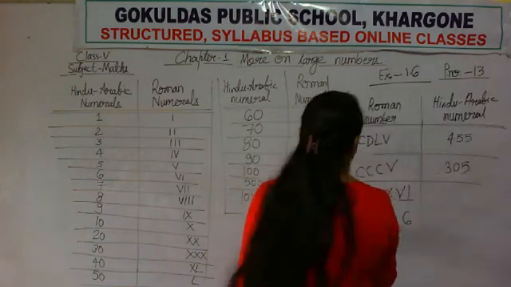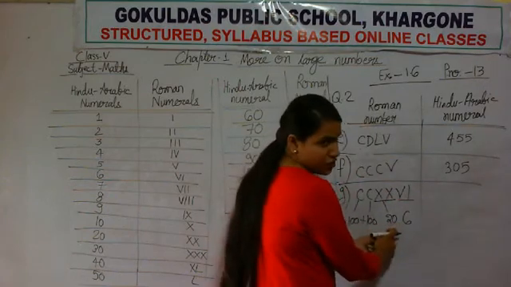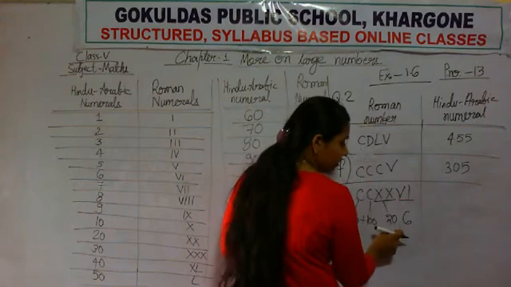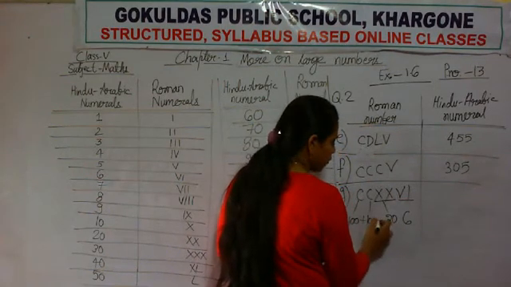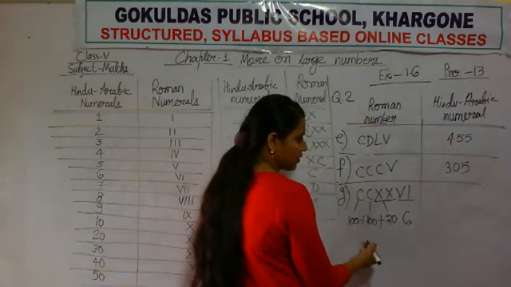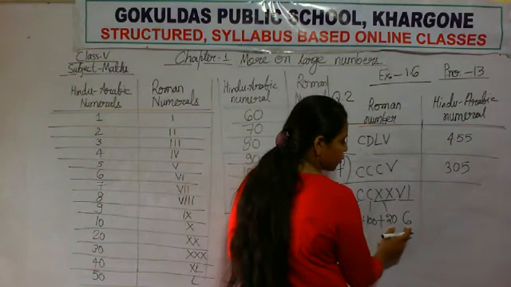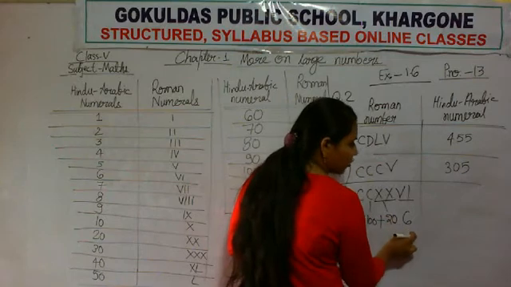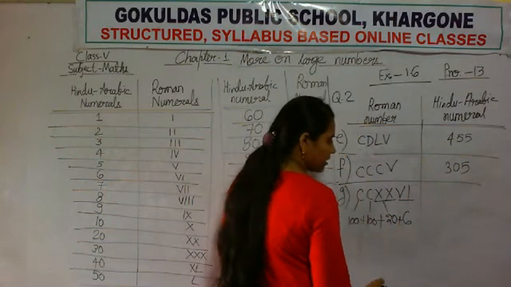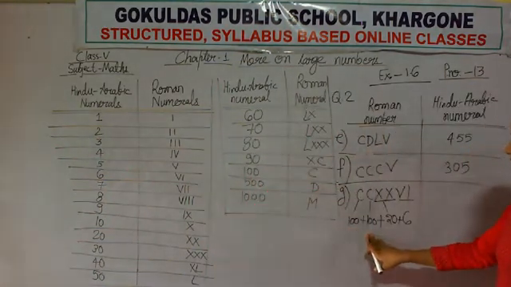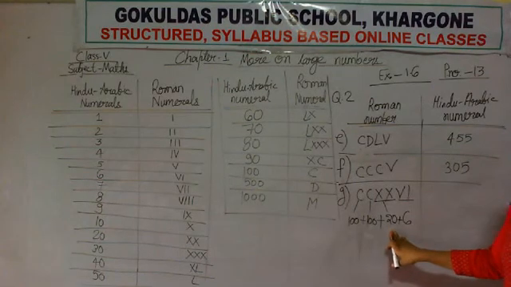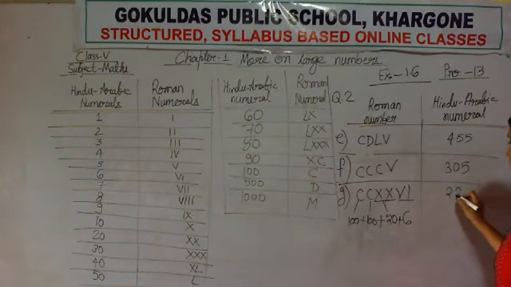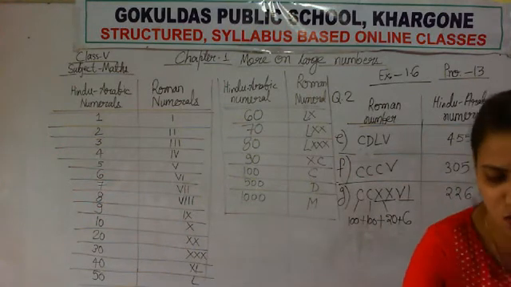Now observe 20 is smaller than 100. So a smaller number is right to this larger number. So it shows addition. Again here, the smaller number, that is 6, is written right to the larger number. It shows addition. Now add 100 plus 100, 200. 200 plus 20, 220, and plus 6, 226. Okay.